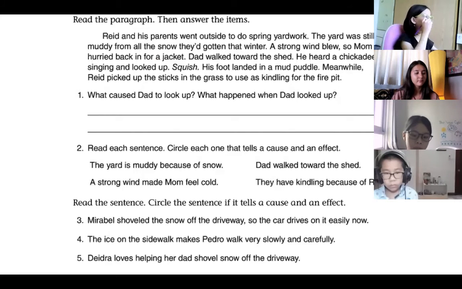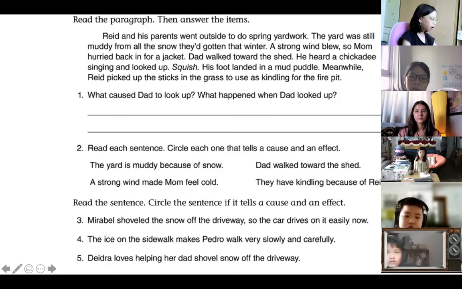Kaki Reed and his parents went outside to do spring yard work. The yard was still muddy from all the snow they'd gotten that winter. A strong wind blew, so Mom hurried back in for a jacket. Dad walked toward the shed.